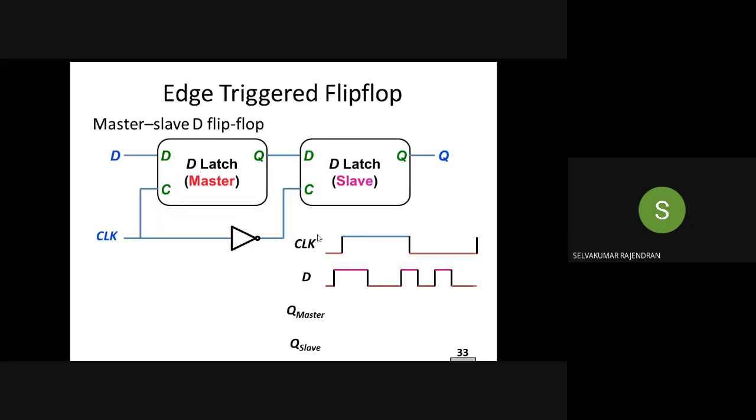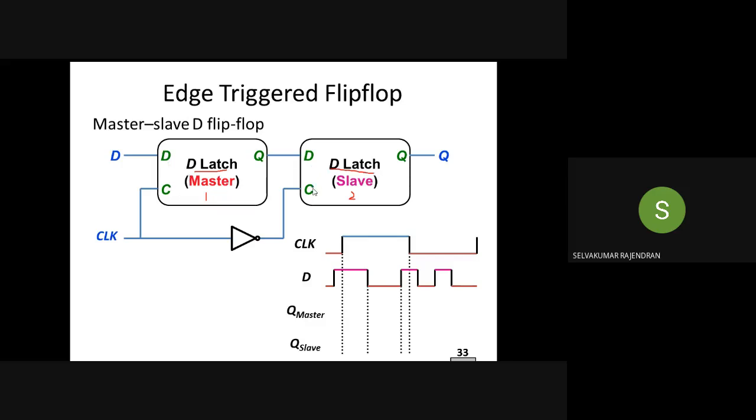This is the structure of the edge-triggered flip-flop, or you can say master-slave D flip-flop. Here we have 2 stages. This is stage 1, called the master stage, and stage 2, called the slave stage. In both the stages we are using a D latch, with D input, clock input, and Q output.